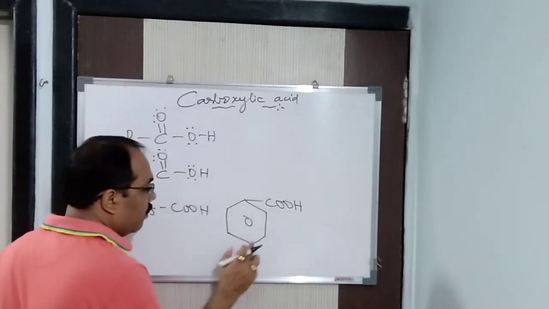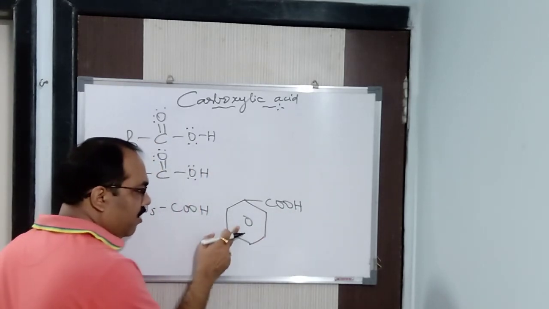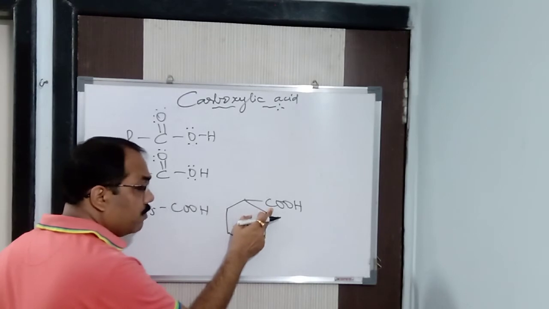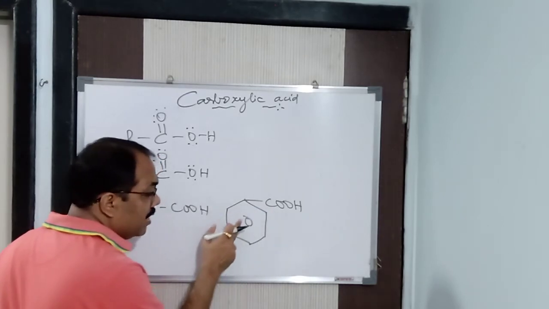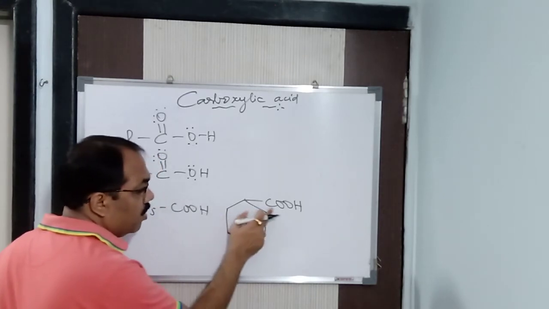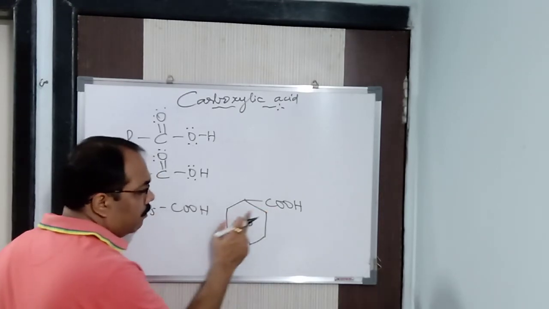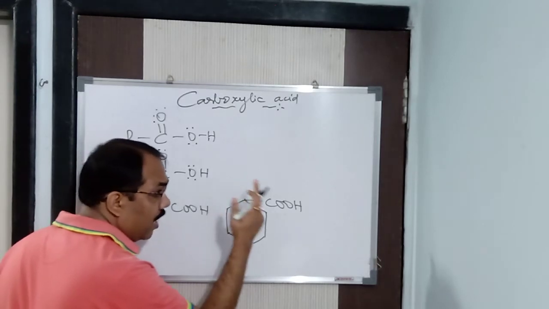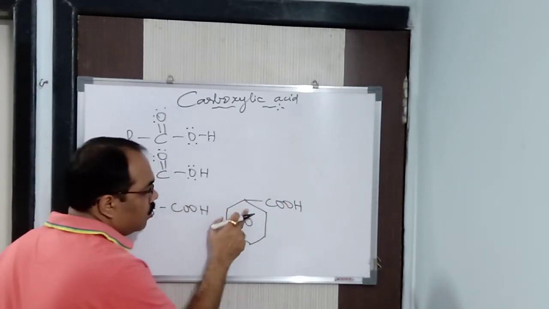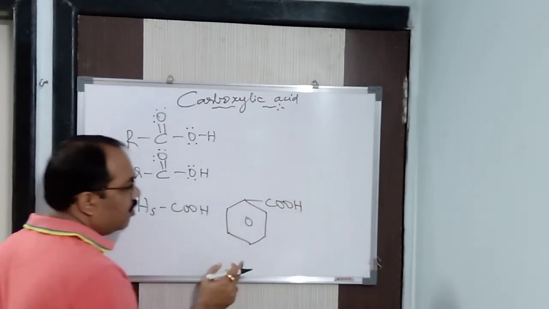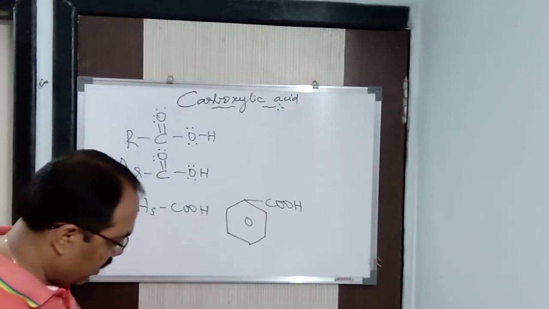Why is it benzoic? Because as I told you, benzene ring attached to a carbon atom is called benzo. Benzene ring attached to CH is benzal. Benzene ring attached to CH2 is benzyl. I've told all these things. So benzo plus oic acid is called benzoic acid.